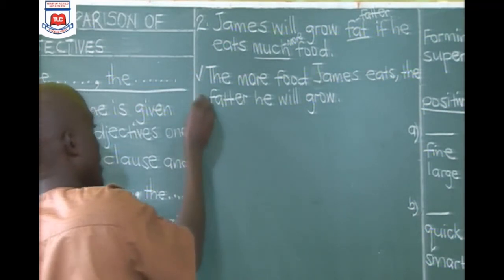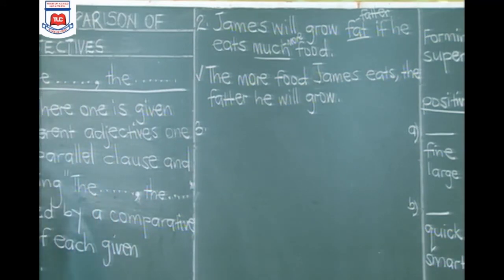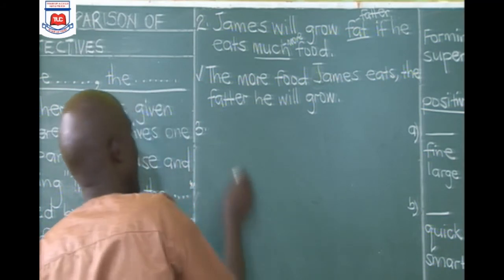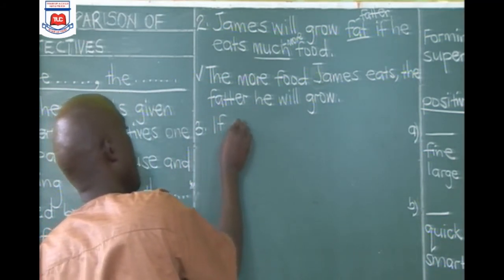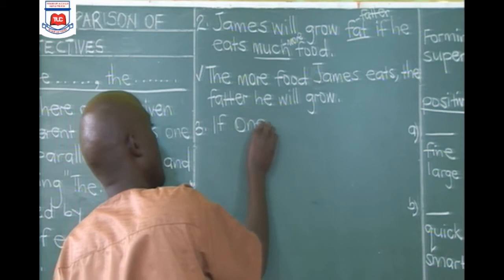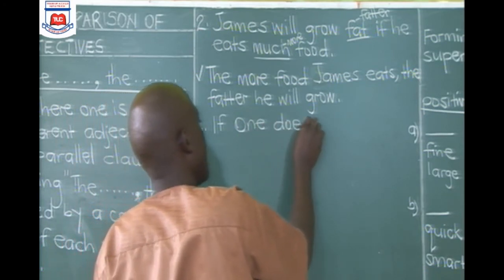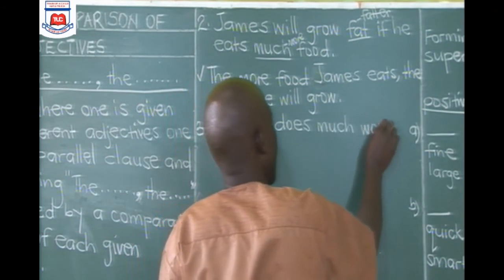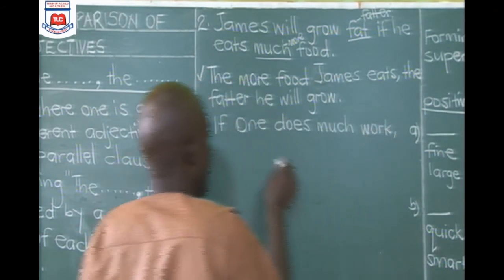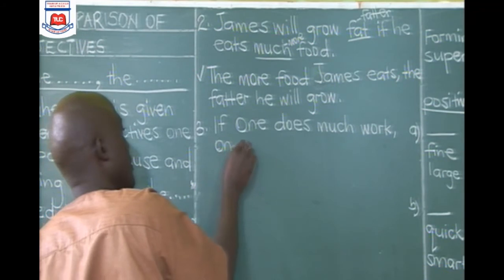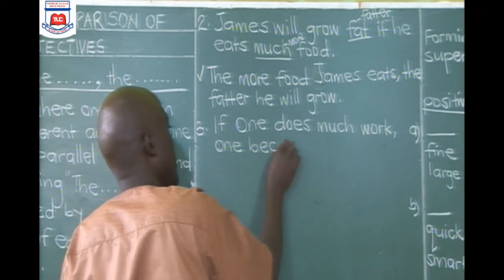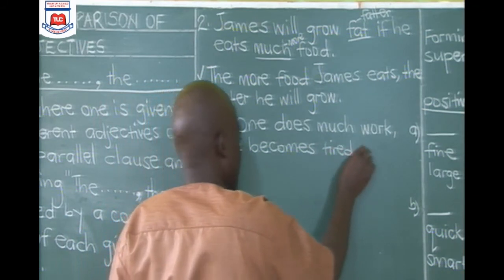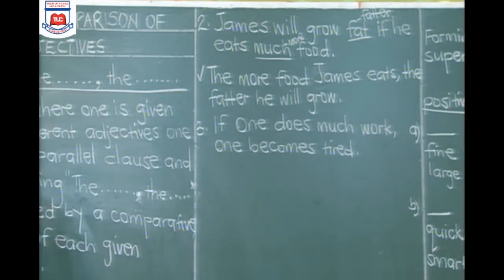Number 3, let's look at example 3. If one does much work, one becomes tired. So where are the adjectives?